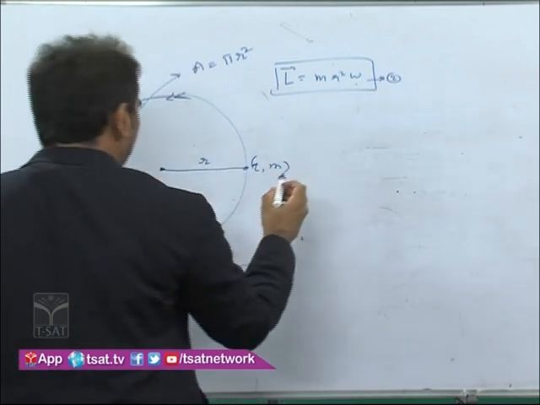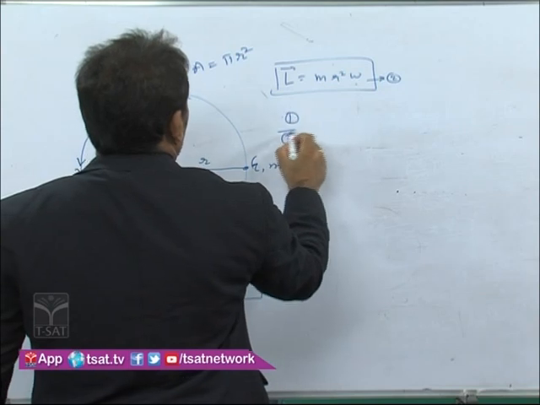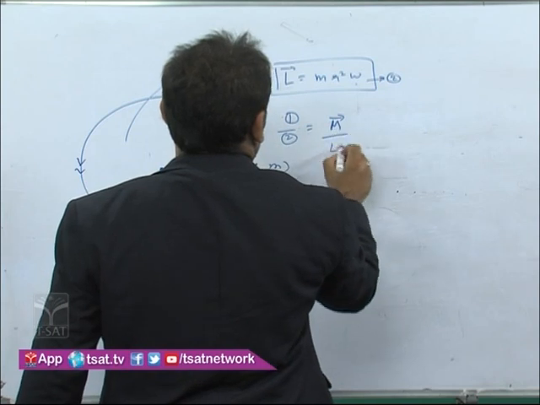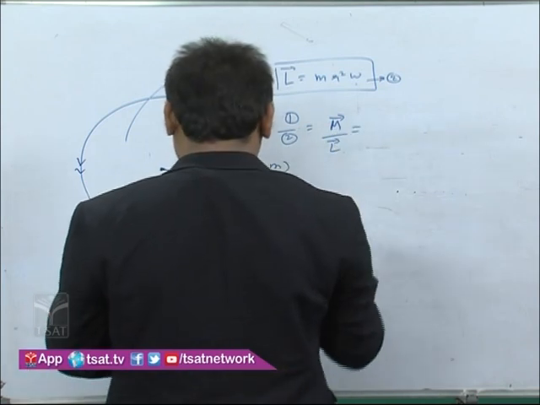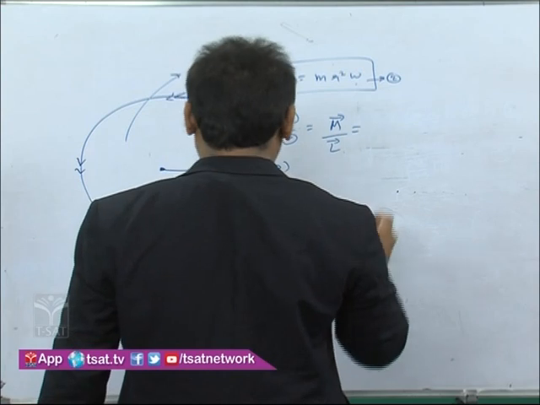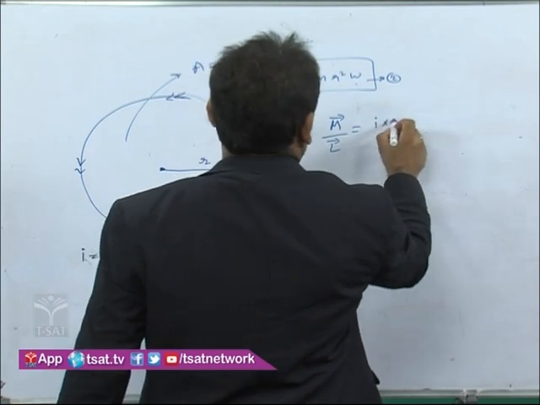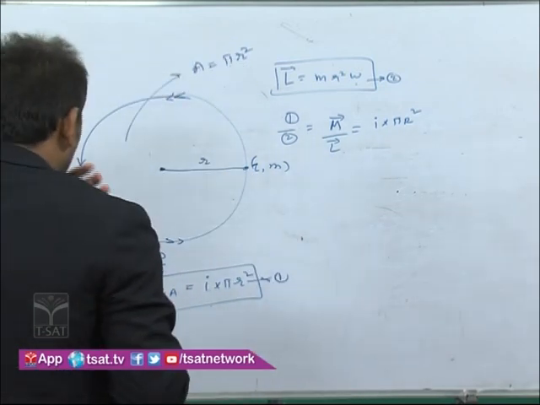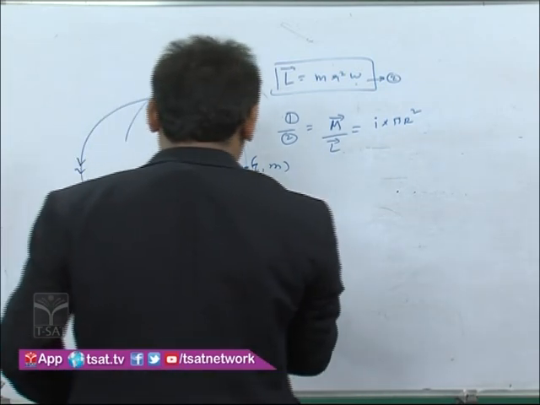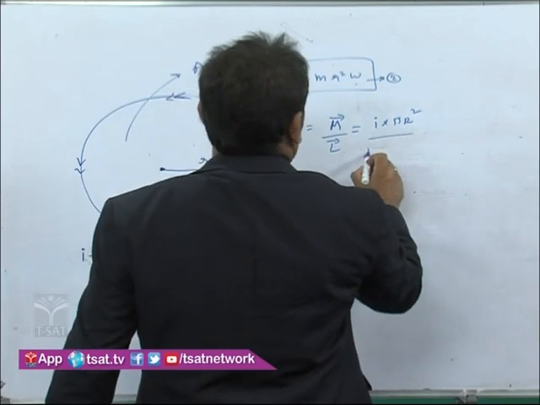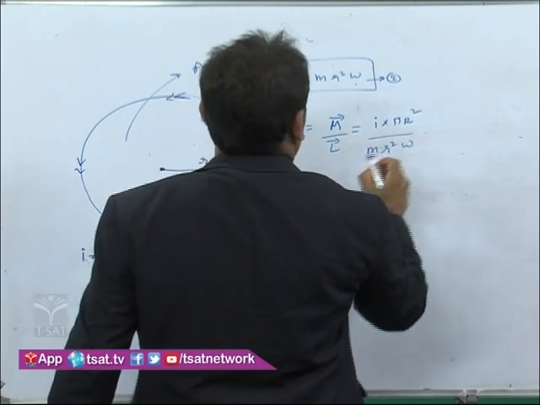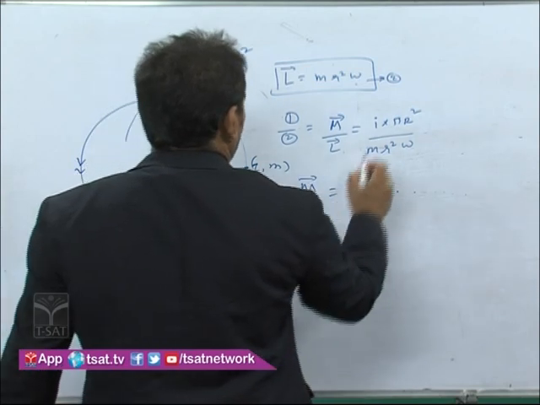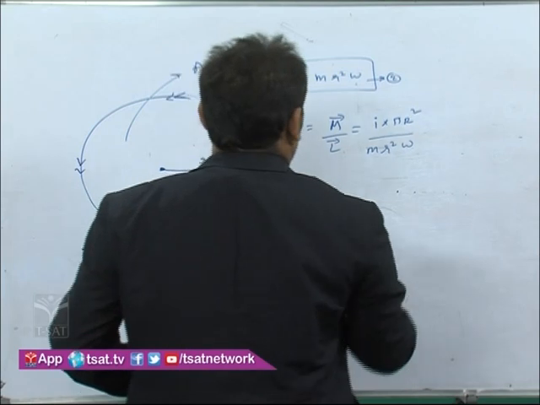Dividing 1 by 2, we get m bar upon L bar = I pi r square upon m r square omega. The value of I we already know: I = q omega by 2 pi.